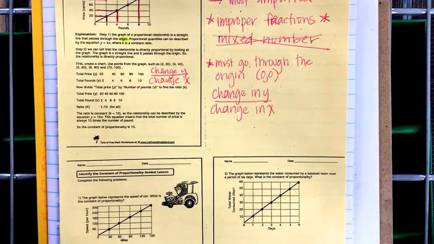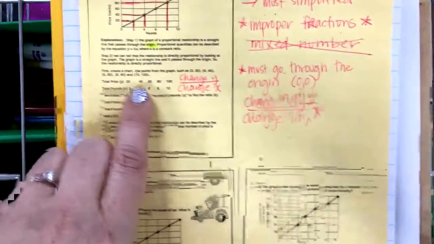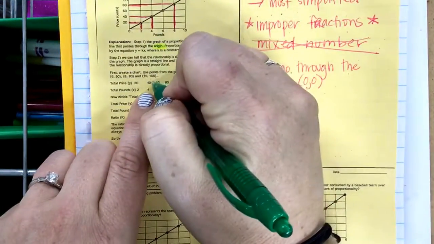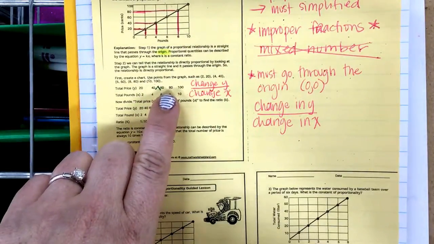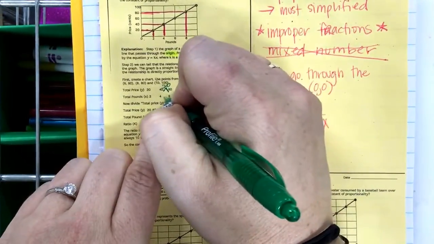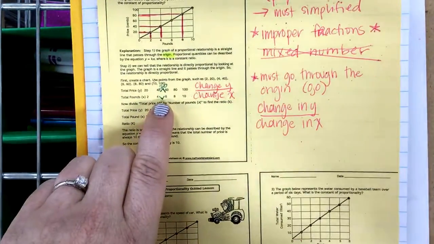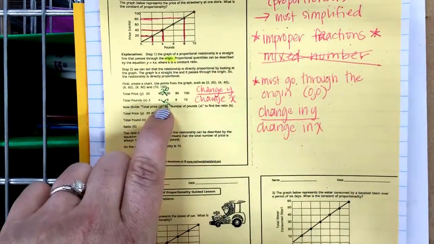What color? Green, maybe? And I'm going to just put it, it's hard because I know it's small, but what's the change from 40 to 60? 20 over. What's the change from 4 to 6? 2. So what's that change in y over change in x?